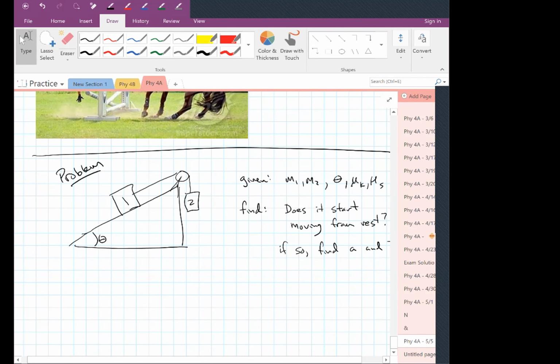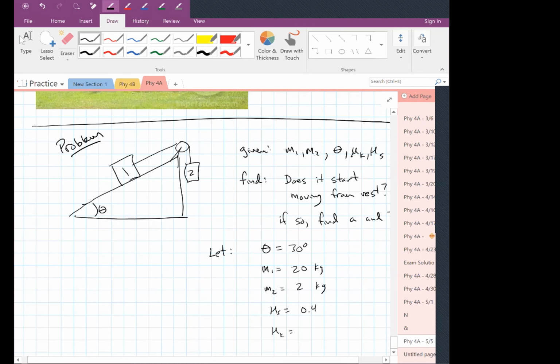Now, in order to do this, we need some numbers. So let theta be 30 degrees, M1 20 kilograms, M2 2 kilograms, mu static 0.4, and mu kinetic 0.2. Now we've got some numbers, and we can see if it starts moving, and if it does, we can solve for acceleration and tension.